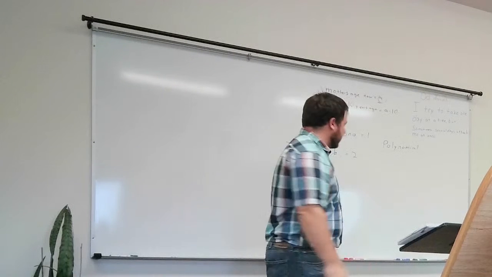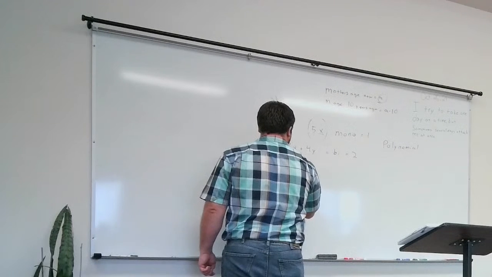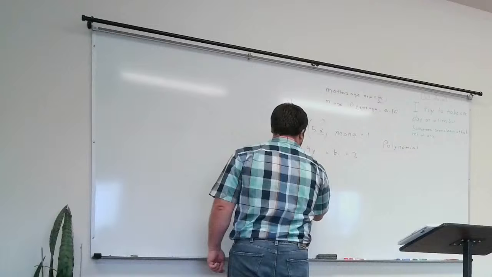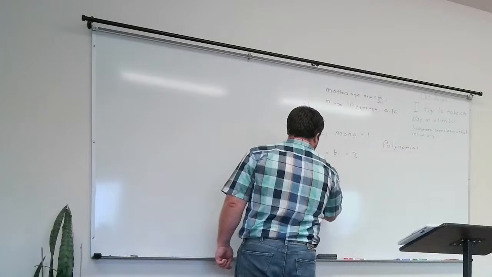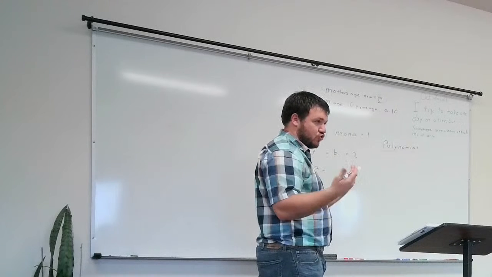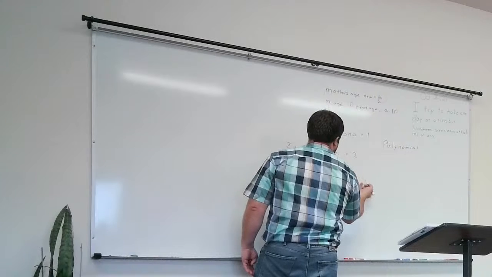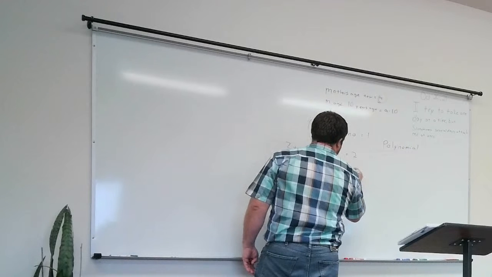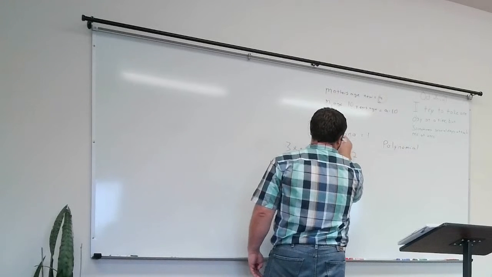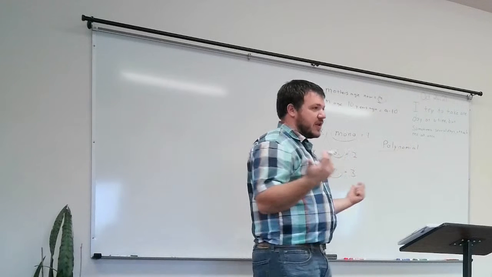Can't think of one. And if we have this, we call this a trinomial. A trinomial, because it has 3 expressions. Same as a tricycle. So tri means 3, bi means 2, mono means 1. And then anything bigger than that is just a polynomial.